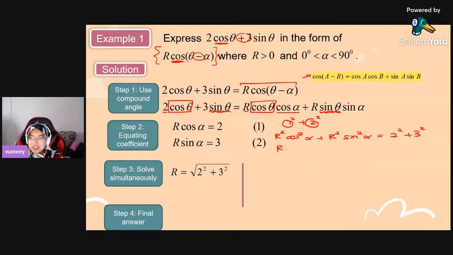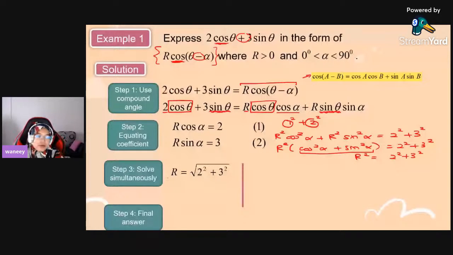So if I factorize the r squared, I have cos squared alpha plus sin squared alpha equal to 2 squared plus 3 squared. So this one is actually a Pythagorean identity where they are equal to 1. So r squared will be equal to 2 squared plus 3 squared. So that is how you get r equal to the square root of 2 squared plus 3 squared.